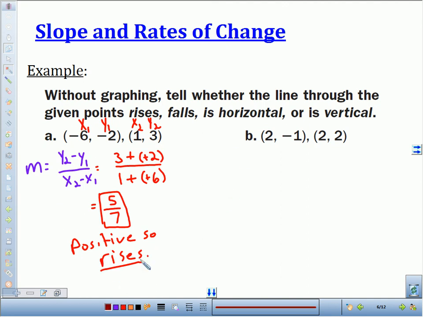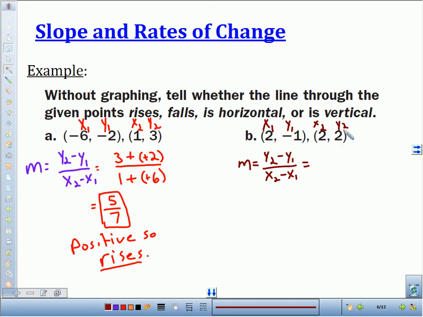Let's try the second example. I have 2, negative 1, and 2, 2. Our formula, again, y2 minus y1 over x2 minus x1. I'll say that 2, negative 1 are my x1 and y1, and 2 and 2 are my x2 and y2.